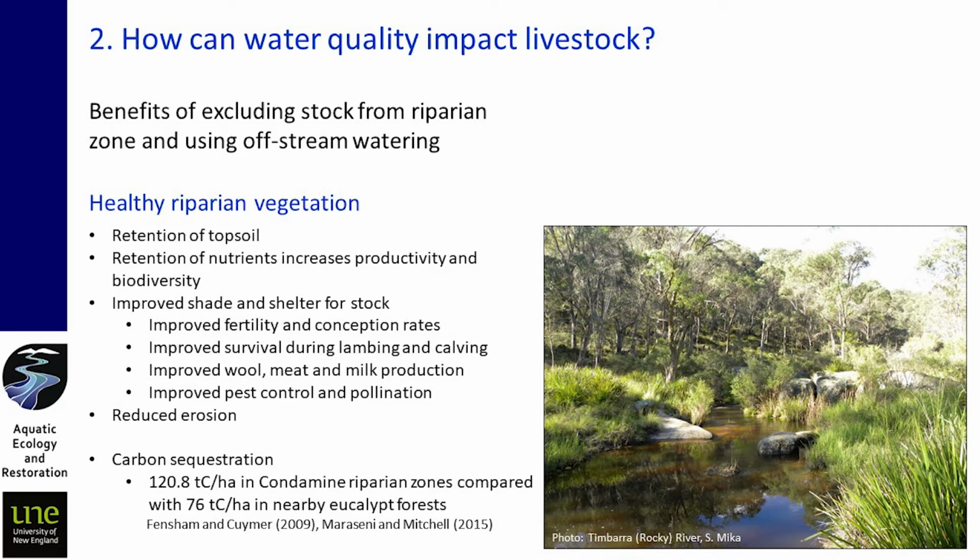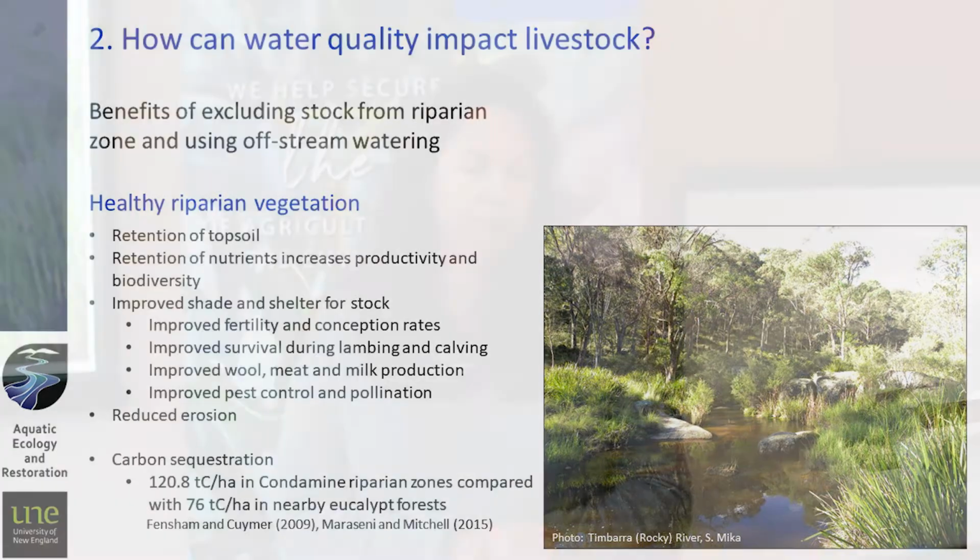Obviously the healthier riparian zones had a lot higher carbon stored in those systems than the degraded riparian zones. But that's in comparison to 76 tonnes of carbon per hectare for a nearby eucalypt forest.